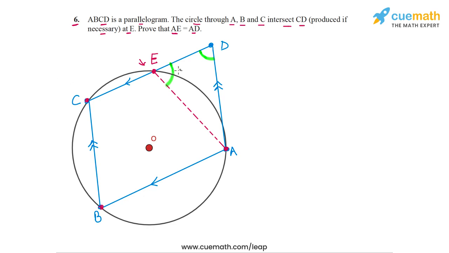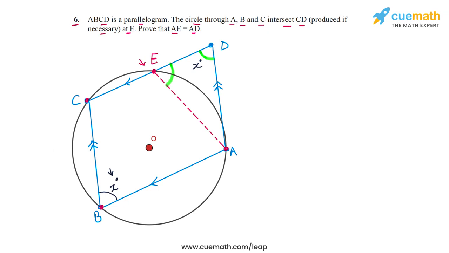Now the logic to show that these two angles are equal is actually really straightforward. So if you take, let's say, the angle at D, if this is x degrees, then the angle at B, this angle here, should also be x degrees, because these are opposite angles in a parallelogram, which we know are equal.